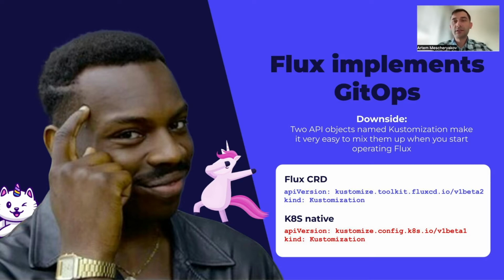There is a Kubernetes native kind, Kustomization, which represents the actual customized structure, but it is not a resource that is present in the cluster. It is a way to define this customized structure. And when you have a Flux Kustomization resource, it is going to exist inside the cluster, and it's a representation of the Kubernetes native Kustomization.